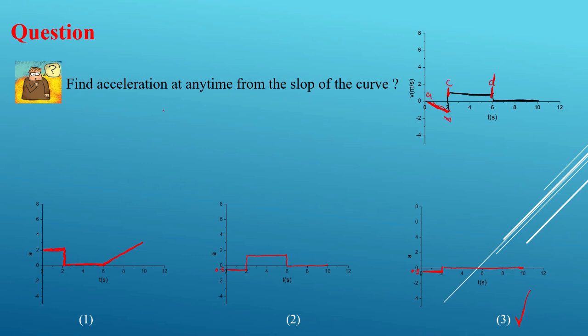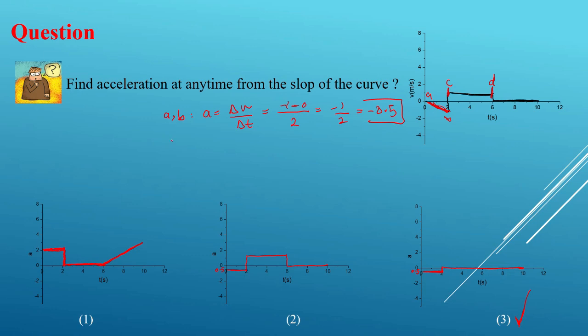The acceleration between these 2 points, A and B, is going to be a equal to delta V over delta t, where delta t is going to be 2. And the velocity between these 2 points is -1 minus 0, which is minus 1 over 2, equal to minus half, right? This is for this point.